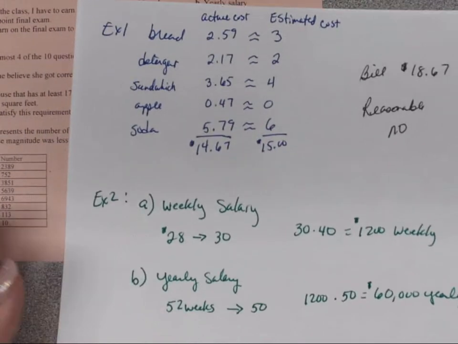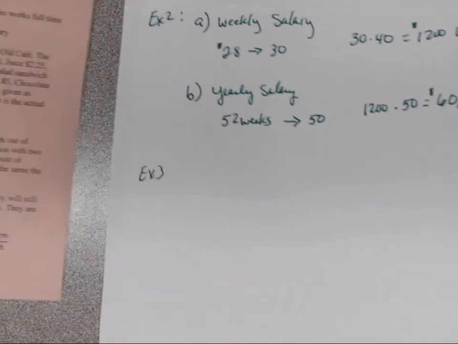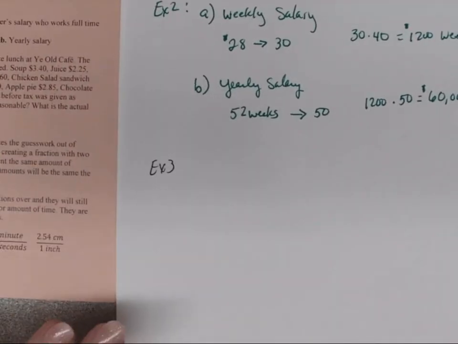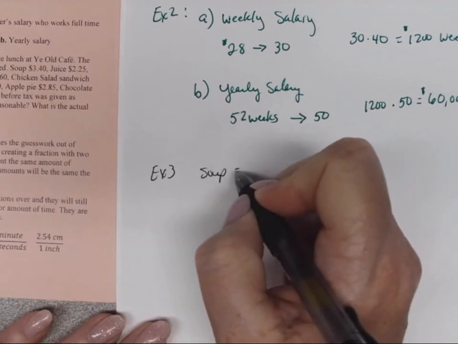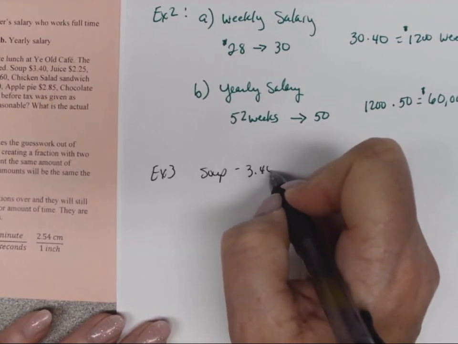All right, so let's write down what we got for our lunch. So we had soup. Soup was $3.40.